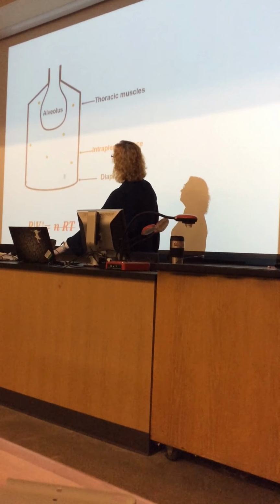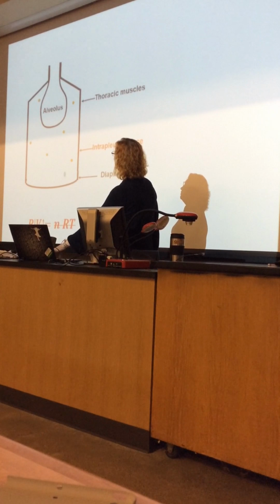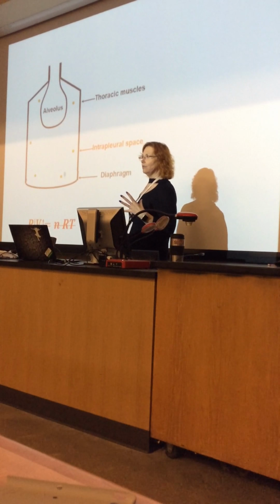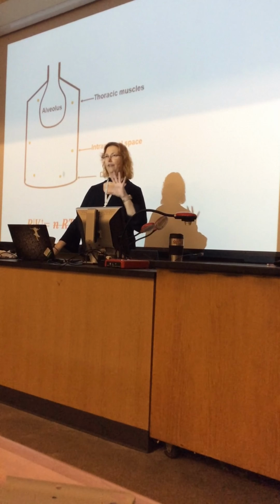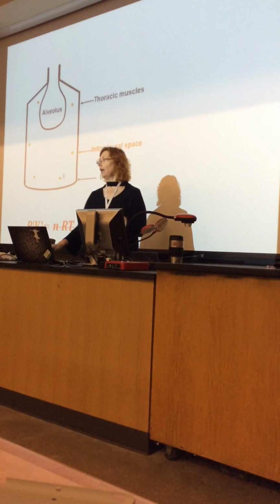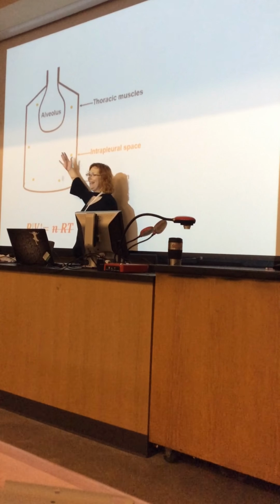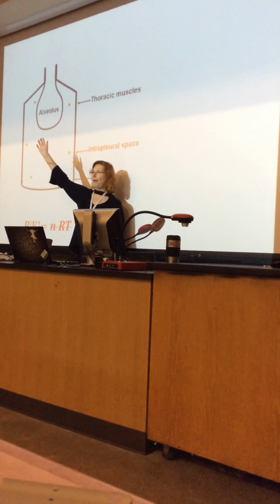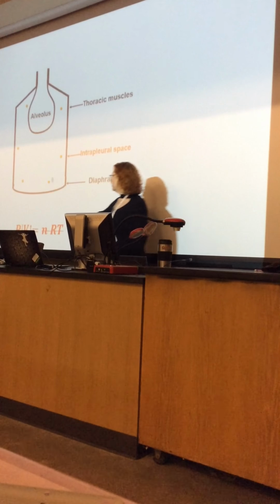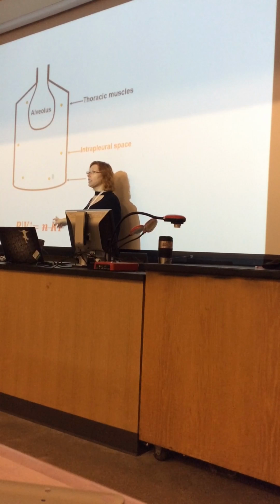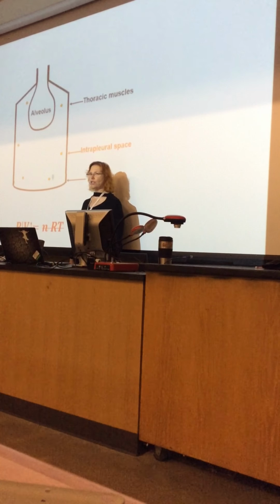Okay. So notice my molecules spread out. Everybody good with that? Okay. So when we're looking at the intrapleural space, it is a closed system. The number of moles doesn't change, the gas constant is constant, temperature doesn't change.